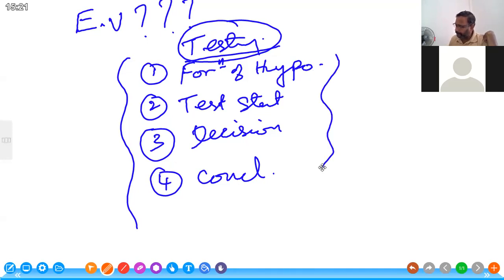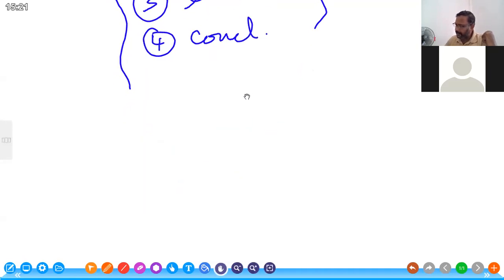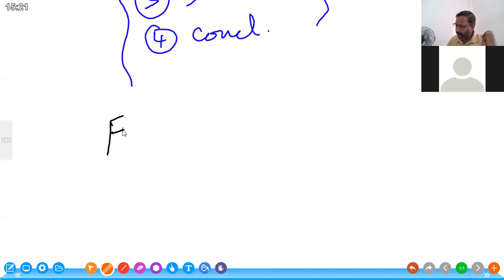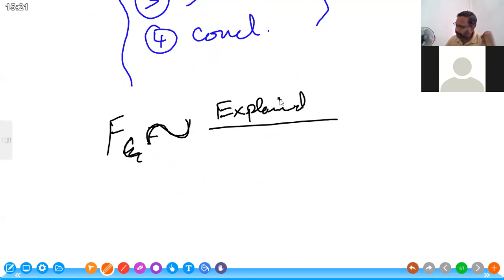Now look at here. In design, when you talk about the test statistic, it is based on the F distribution. I will write it as F distribution. The F distribution depends on explained variability divided by unexplained variability.